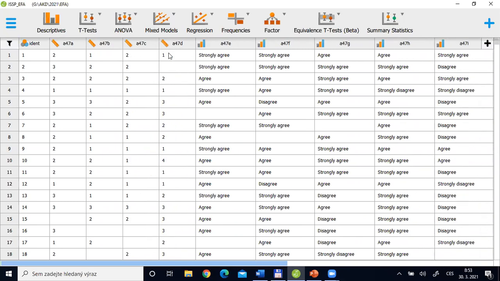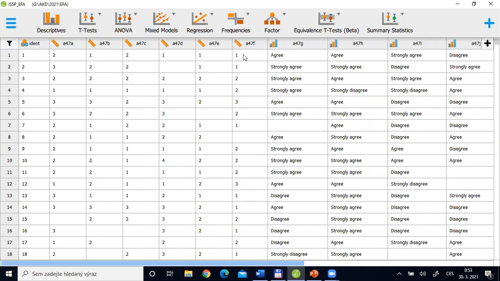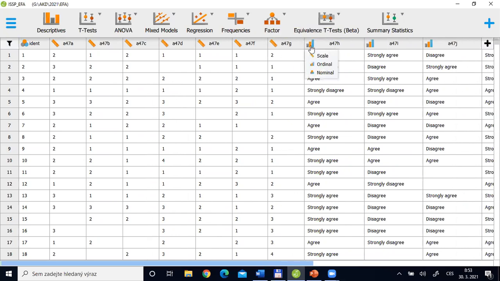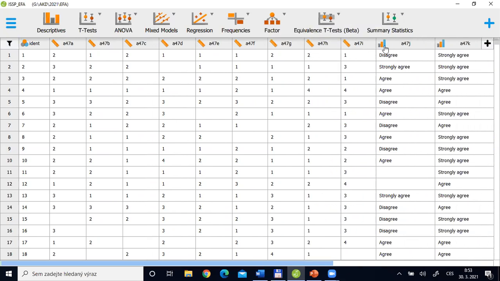I would only make a small comment that if I change, let's call it artificially, these settings for variables, I'm making a small mistake and I will treat these variables as scale variables, but they are not scales originally.